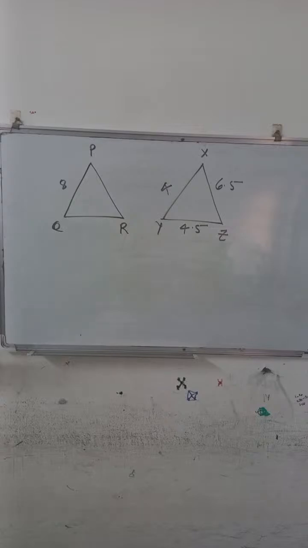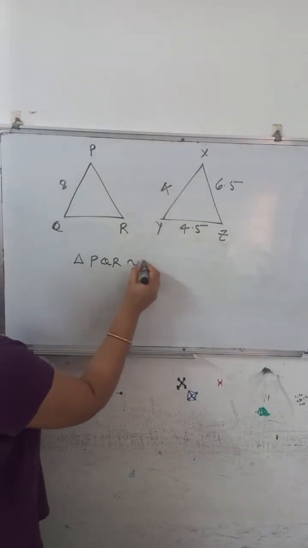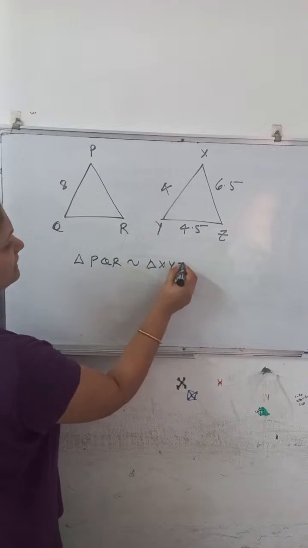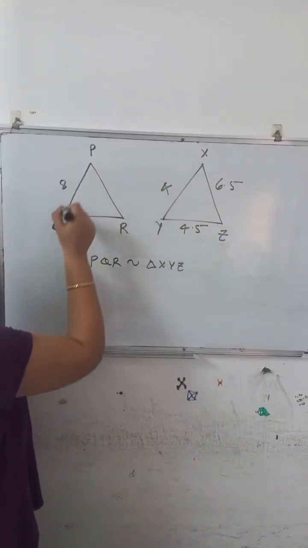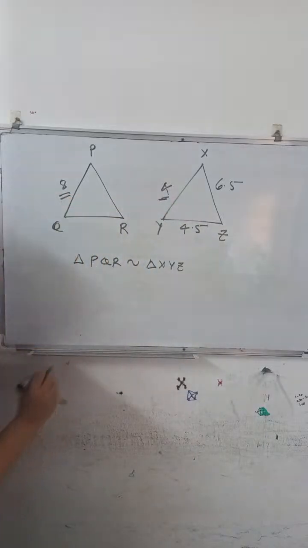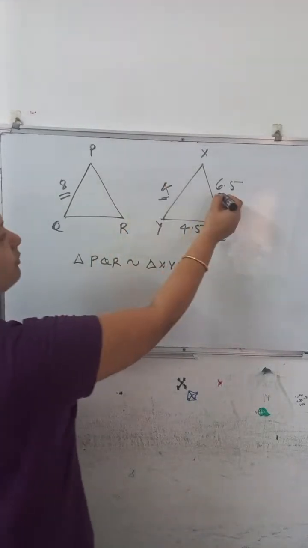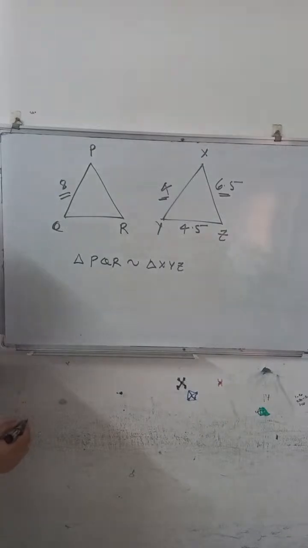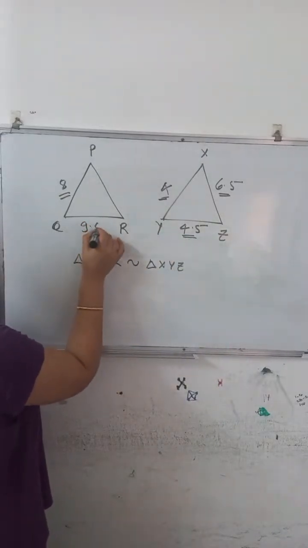Here these two triangles are similar, no? In the question they are saying triangle PQR is similar to triangle XYZ. Now XY corresponds to PQ, but this is 4 and the given one is 8, no? That is double of 4. Then double of 4.5 is 9.0.